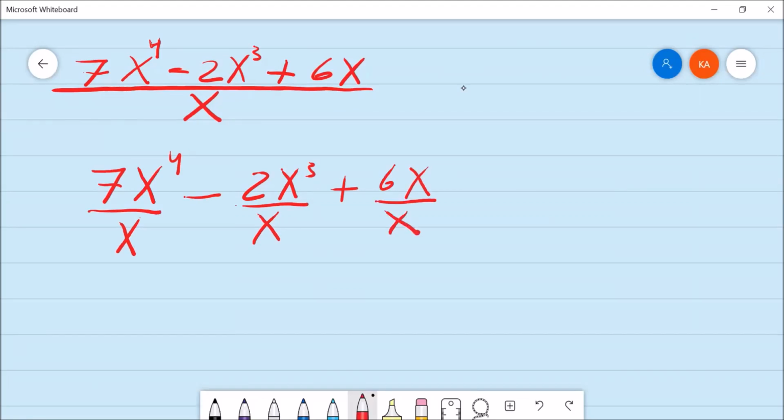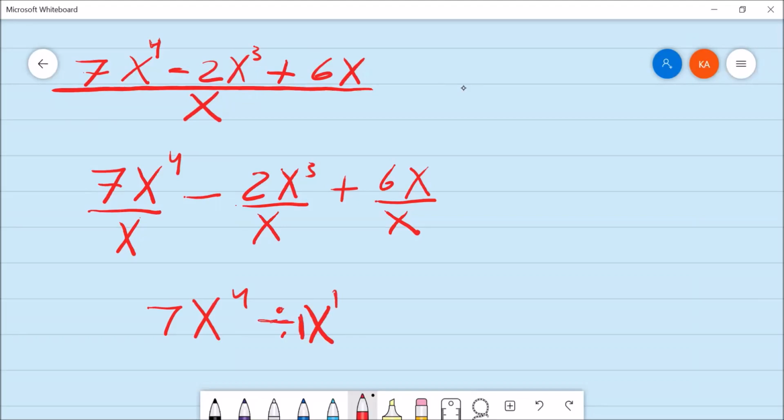If we want to simplify 7x^4 over x, as this x is like 1x to the power of 1, we can write it like this.